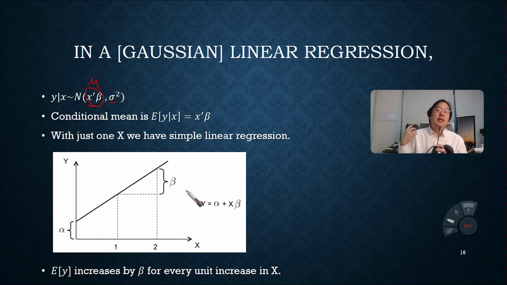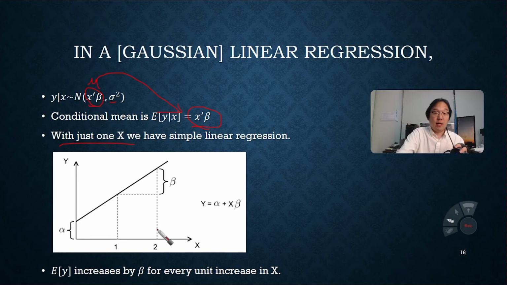So that's Gaussian distribution, linear regression. Conditional mean should be expected value of Y given X should be X prime beta, this guy. Okay? And with just one X, big X, which is one variable, univariate regression, we have simple linear regression like this.